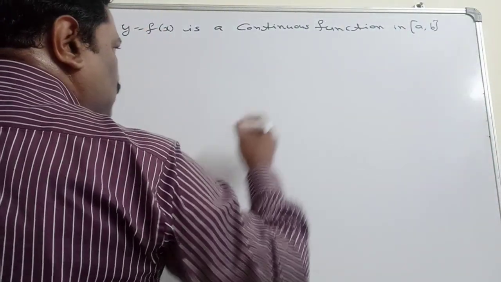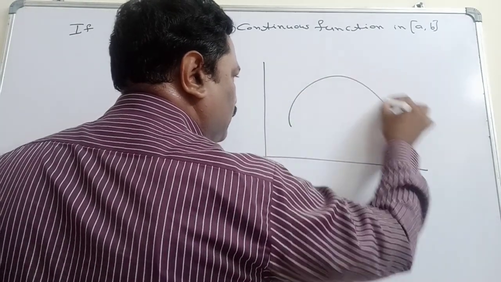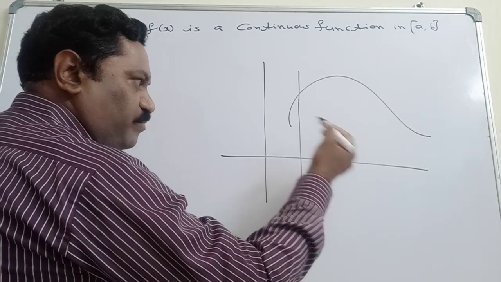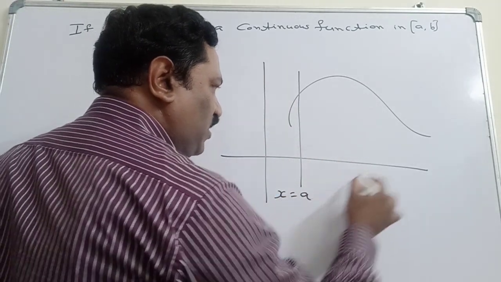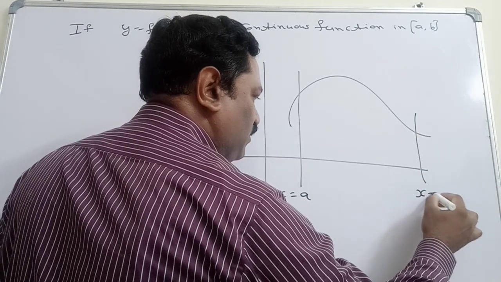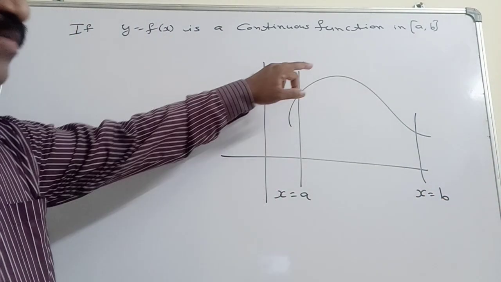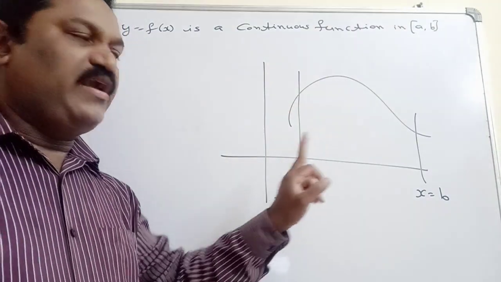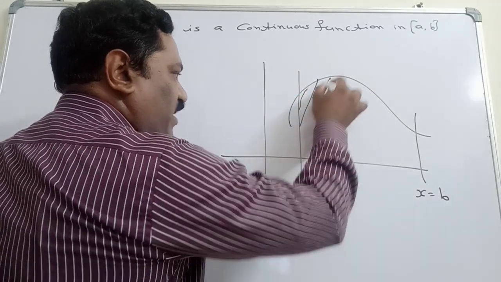That is, suppose the graph of y is equal to f of x is like that, and I want to find the area bounded by the curve with the x-axis between the lines x is equal to a and x is equal to b, means this hashed area.